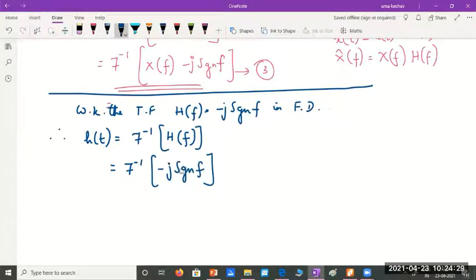Now, can somebody tell me whether the signum function is an odd or even function, and can we find the Fourier transform directly for this function? Do you remember finding Fourier transform of signum functions? Yes. Have you done it in signals? Yes or no? At least answer something.